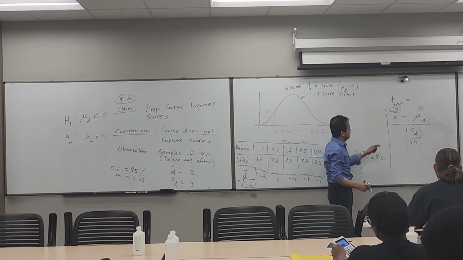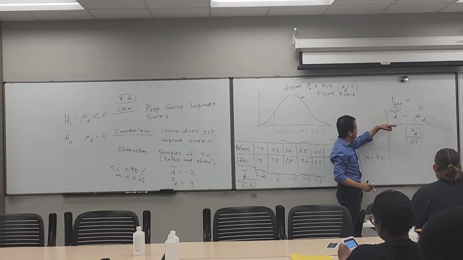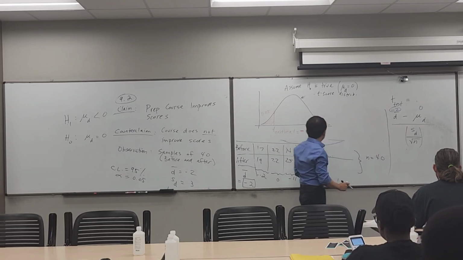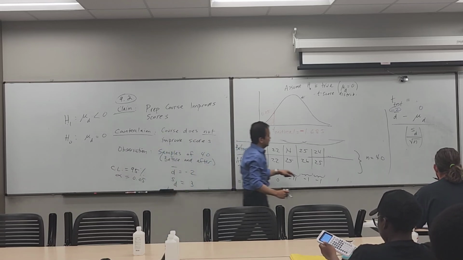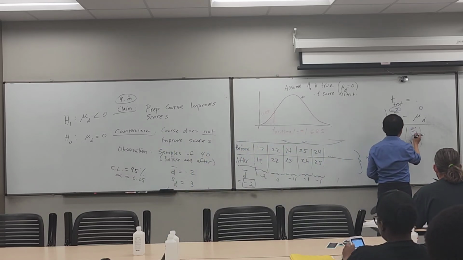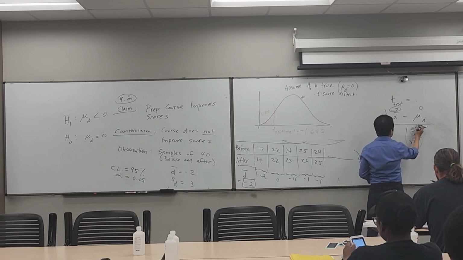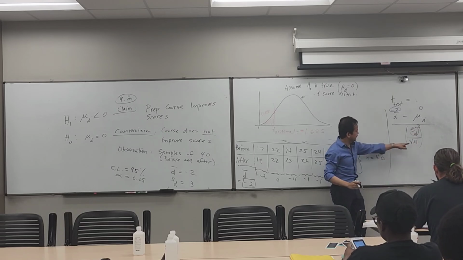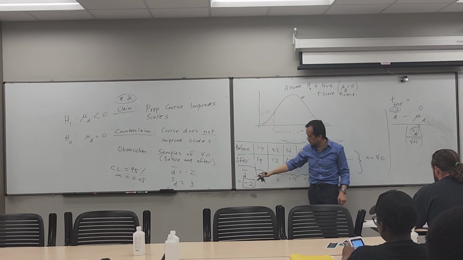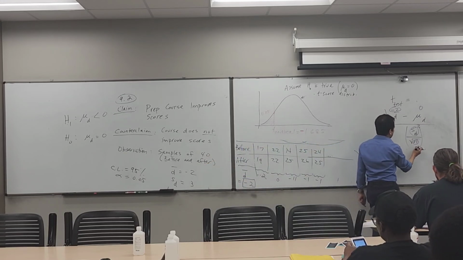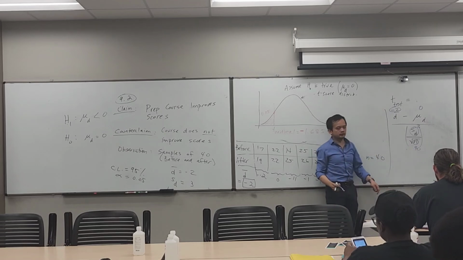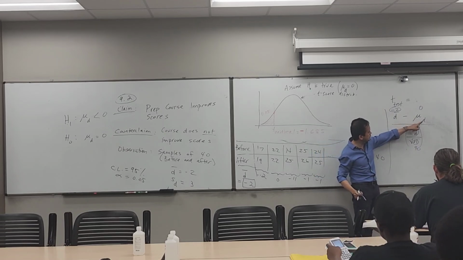Okay, great. So d bar here is the sample difference, which is given to us as negative 2. s is given to us as 3. The sample size is given to us as 40. The only thing which is not a sample number is this population mean of the differences.